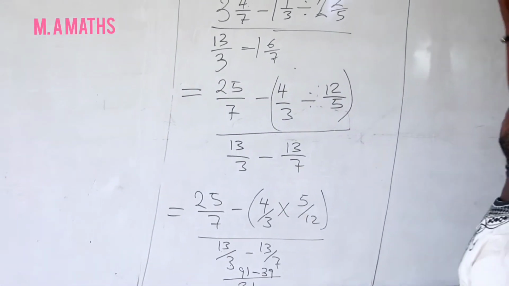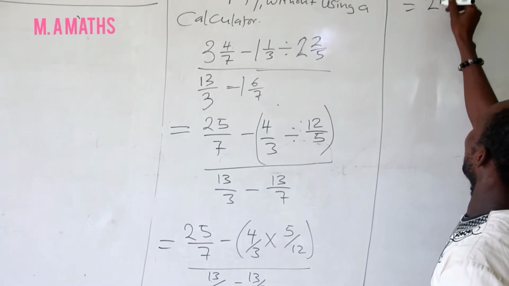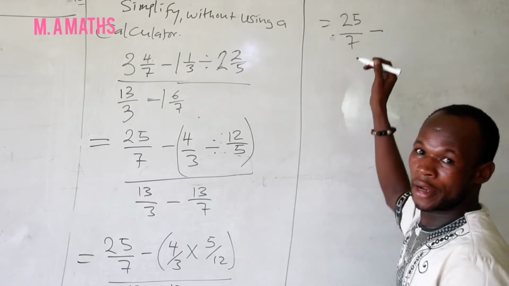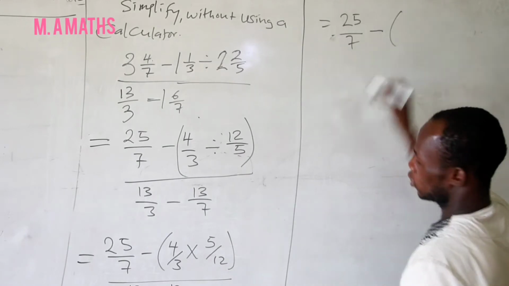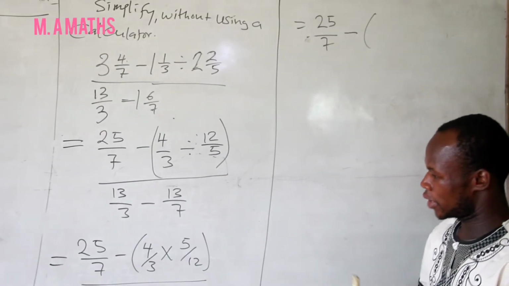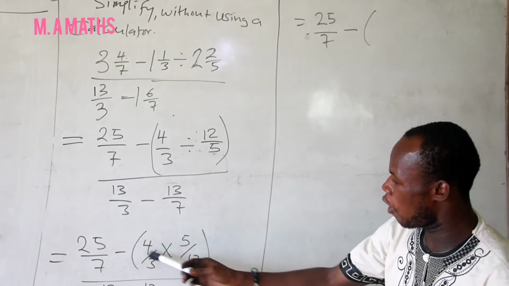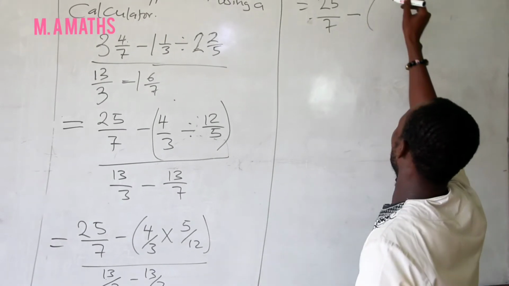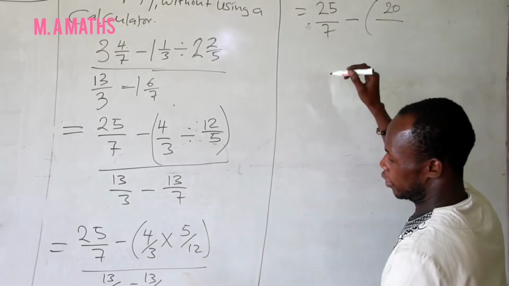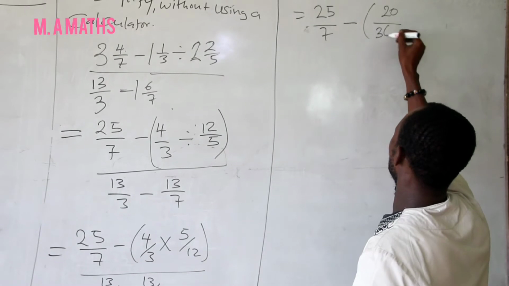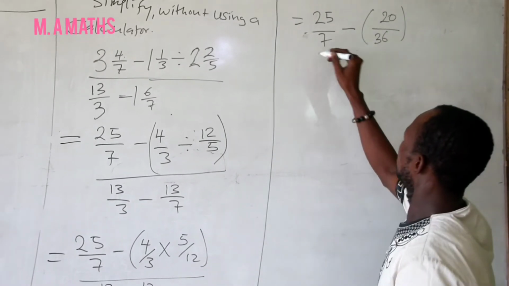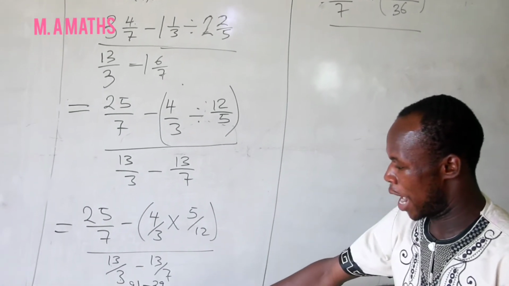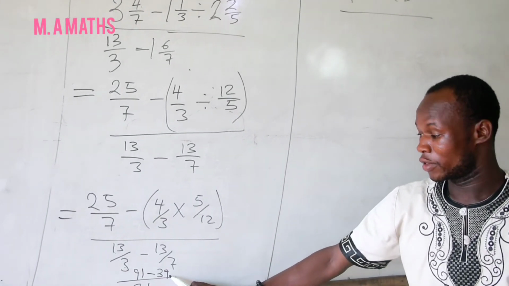So this is supposed to give us 25 over 7 minus, so we simplify what is inside the bracket. We now have 4 times 5, that gives us 20, all over 3 times 12, 36, on 91 minus 39.